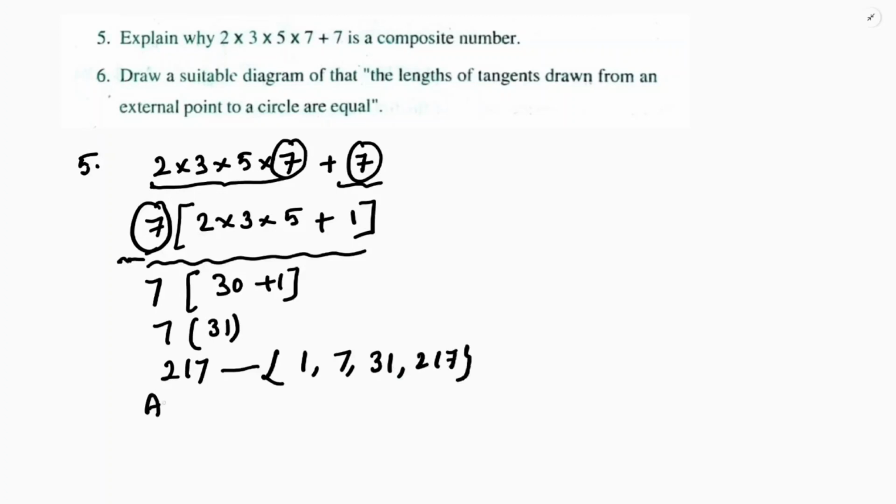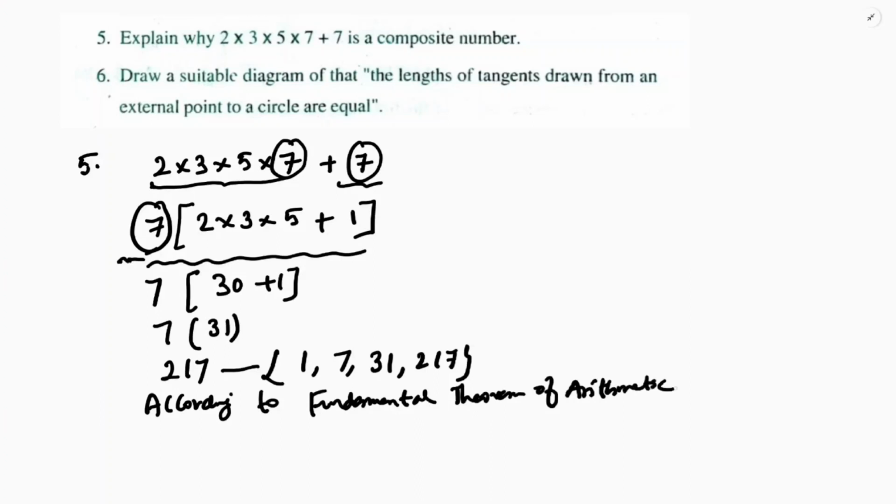So according to the fundamental theorem of arithmetic, a composite number can be expressed as a product of its primes. Prime factorization is unique, order may differ. It has more than 2 factors.